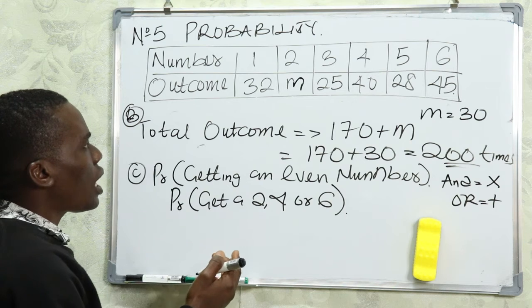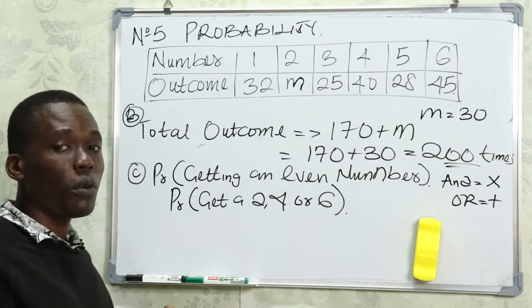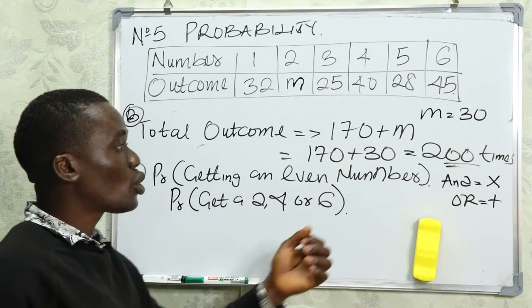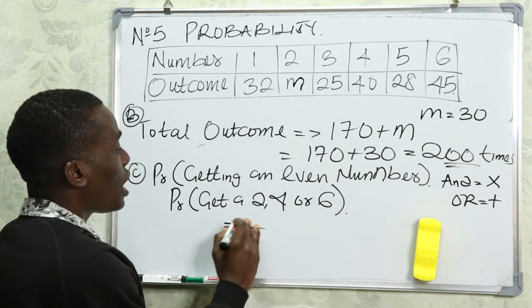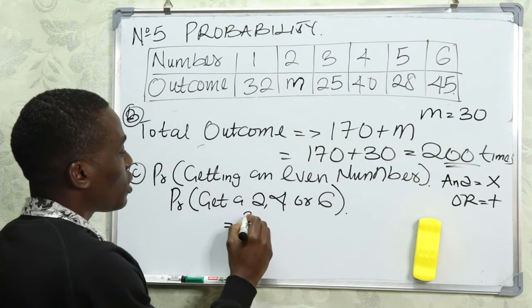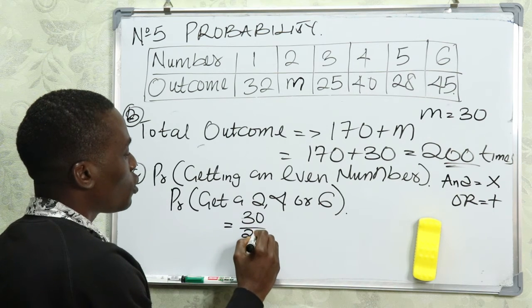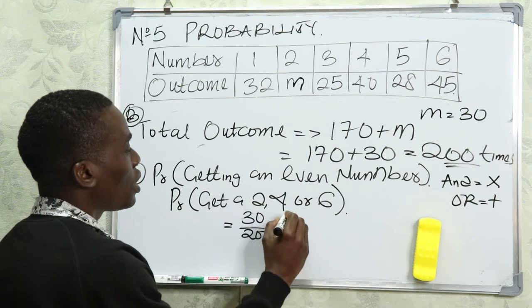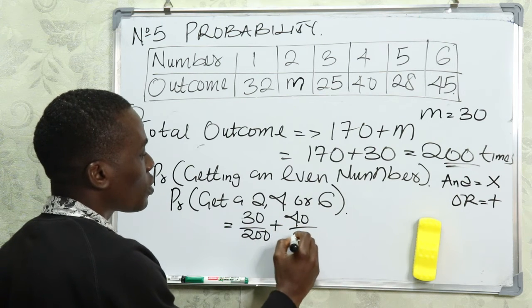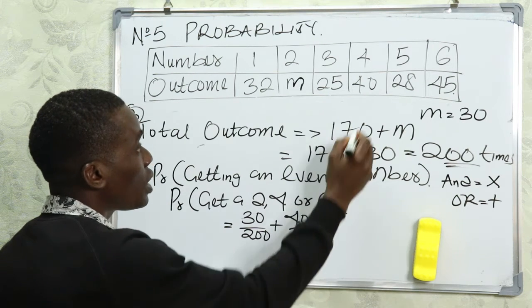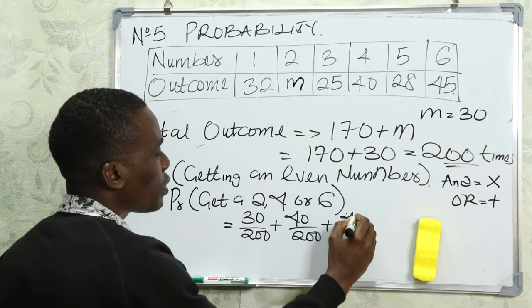So the required outcome is a value, the outcome of 2, and the total outcome will be what? Over 200. So that will give us the outcome of 2, which is what? 30 over what? 200, plus the outcome of 4 is what? 40 over what? 200, plus the outcome of 6 is what?